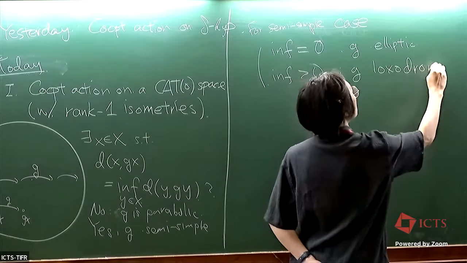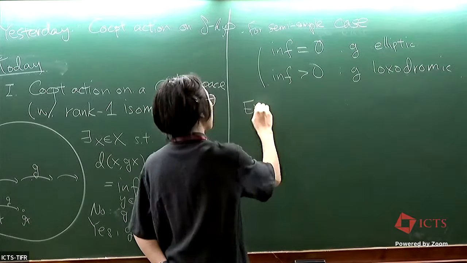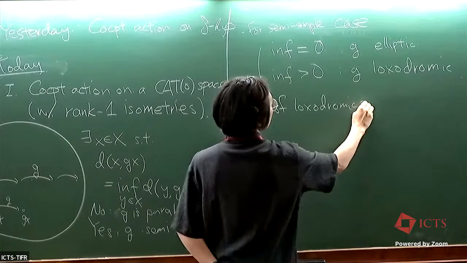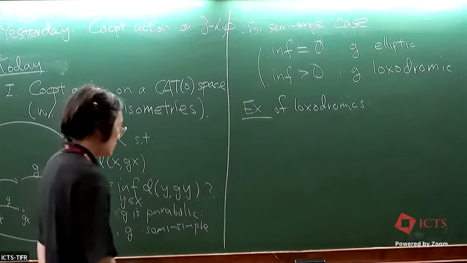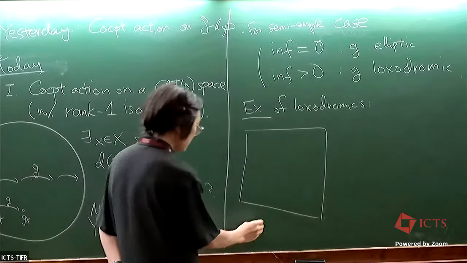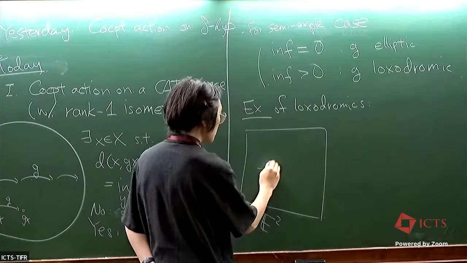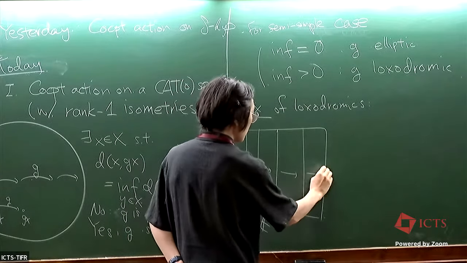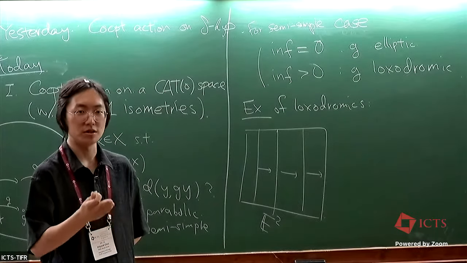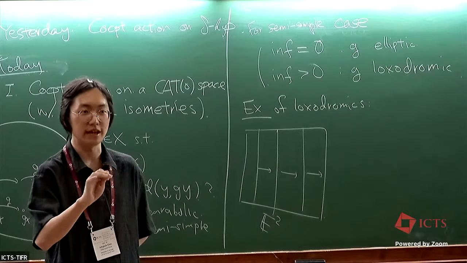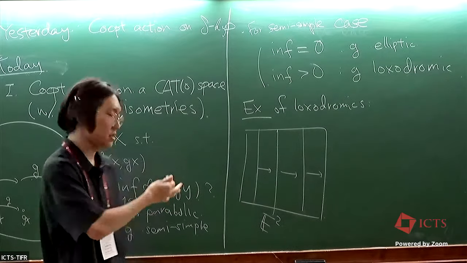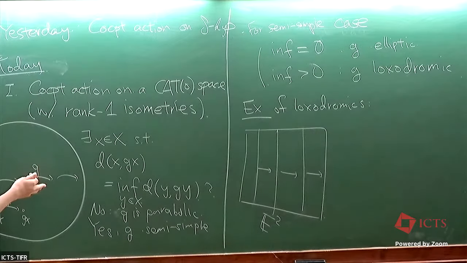So for example of loxodromics, if you have a Euclidean plane and a non-trivial translation, then this is loxodromic. But in this case, you cannot pinpoint where the axis is that you expect in hyperbolic geometry, because every point qualifies as the optimal point.